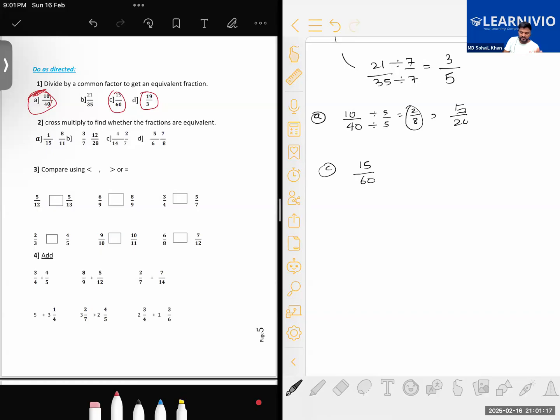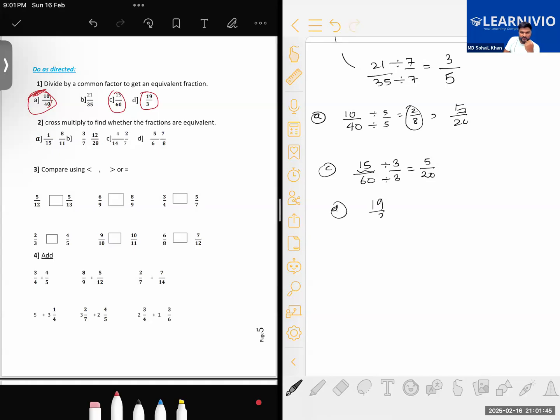Obviously no, because one of them is an odd number. No, 15 is an odd number. 3 is a common factor. So let's divide both of them by 3. It's 5 upon 20. Very good. Okay. Question number D.